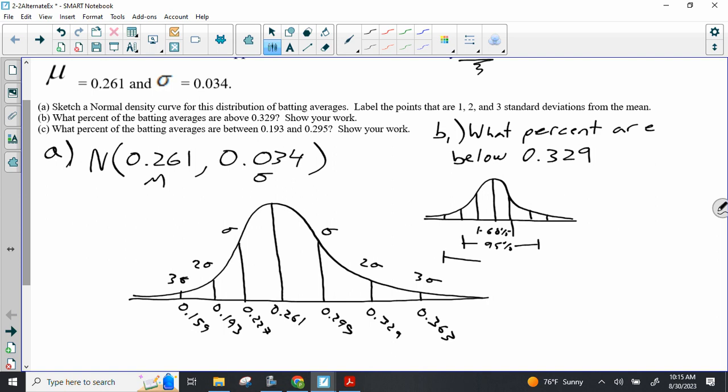In this interval, we have 99.7. Why is my brain being dumb? There's no way that's a 7. Why am I thinking that? Okay.